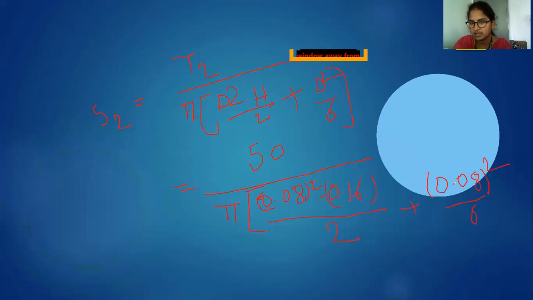Now calculate S2. The shear strength S2 is equal to 26.64 kilonewton per meter square.